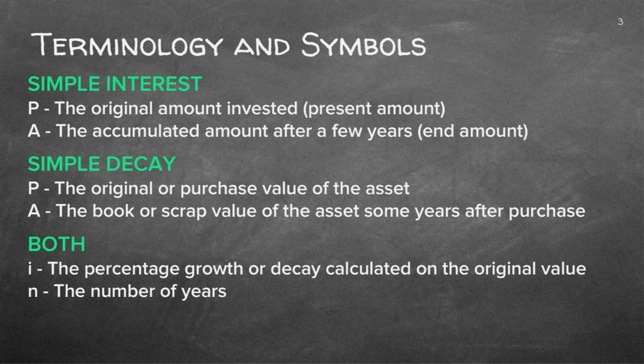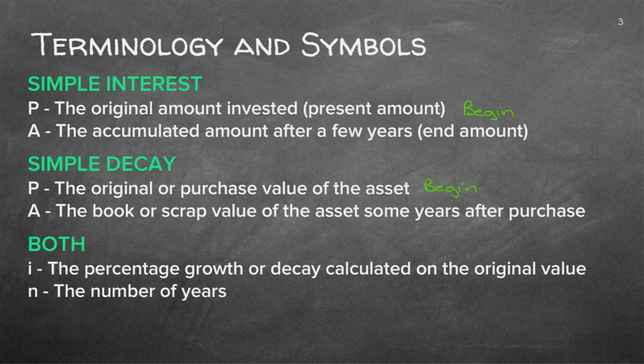Simple interest, what is the difference between simple interest and simple decay? Remember, it's the same formula, but for the interest, P is always the beginning amount, and we can write it here as well, the beginning amount. The A is always the end amount. So after a few years, how much interest did you either gain or pay if it's a loan?